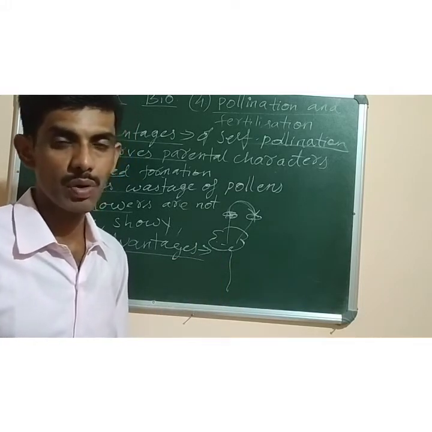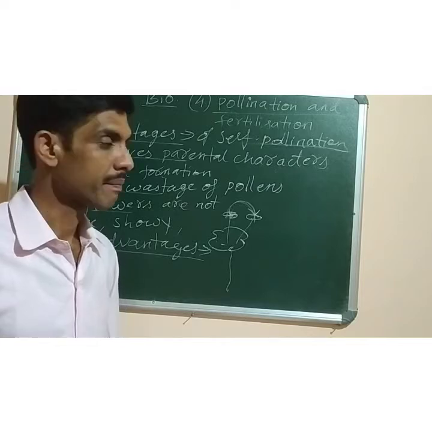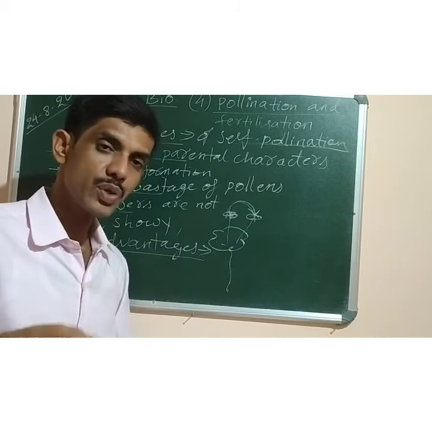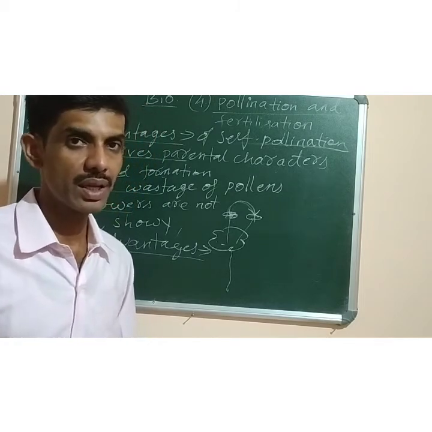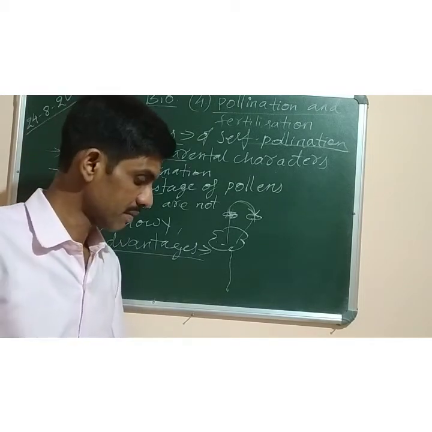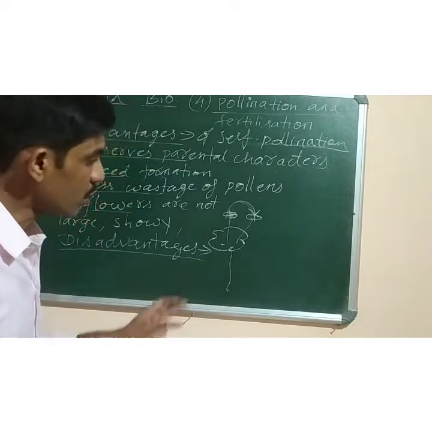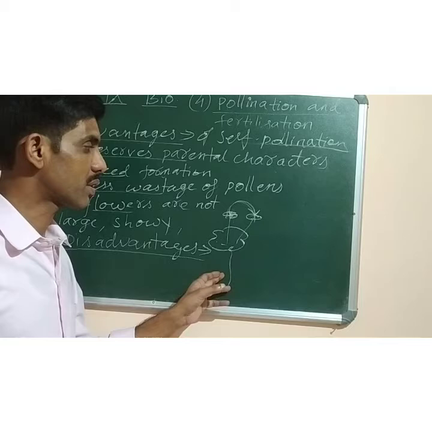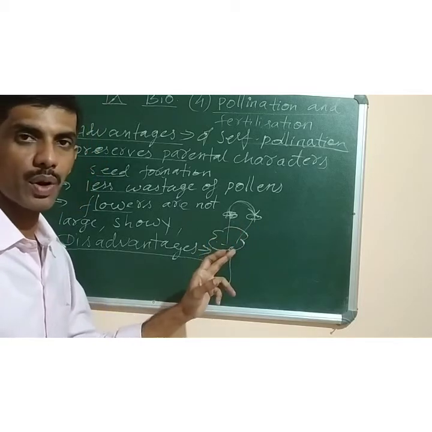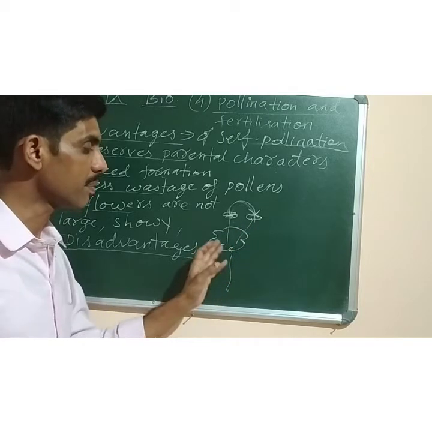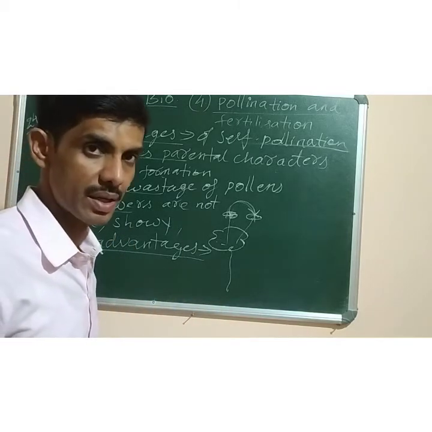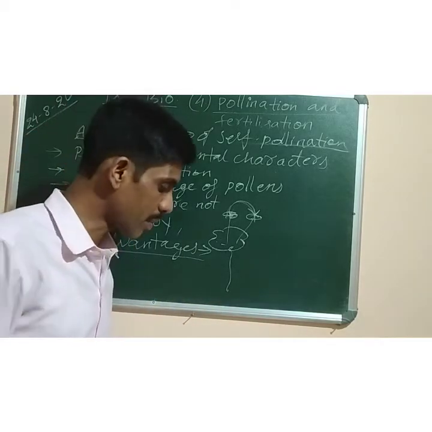No new varieties will be produced, and due to continuous self-pollination, no useful characters can be introduced in the hybrid or in the race. There will be less chances of adaptation for such plants because they are not undergoing cross-pollination, so it will not help them to survive in the changing environment, less adapted to the changing environment.